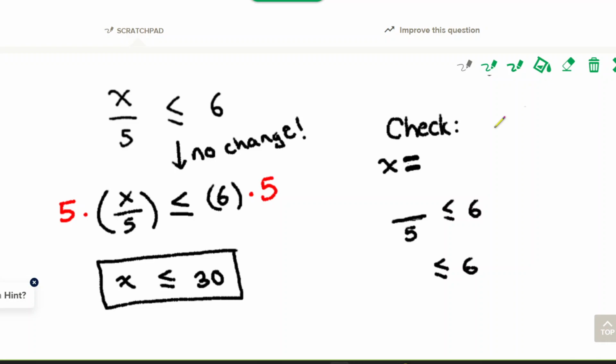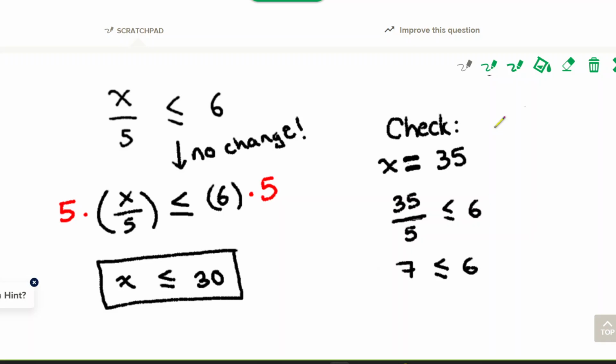So like say, 35. What if I checked 35? I'm replacing x with 35, so x divided by 5, 35 divided by 5, is that less than or equal to 6? 35 divided by 5 is 7.